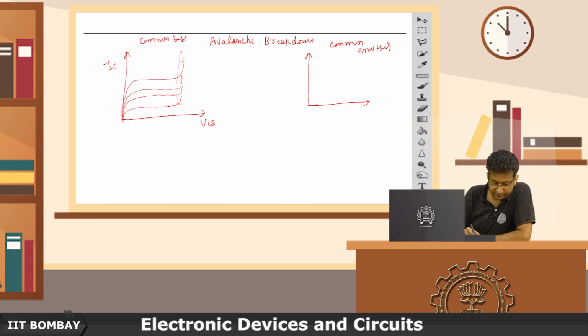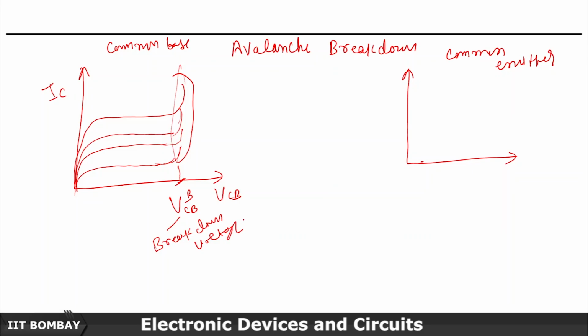If you look at this region, this is the breakdown region, the breakdown voltage, at which this IC current starts increasing dramatically, right? And you see an avalanche breakdown basically. This is a fairly sharp voltage you can see here, and this is the case of common base.